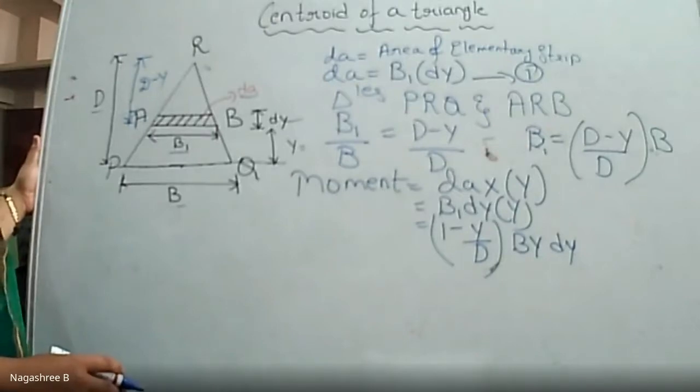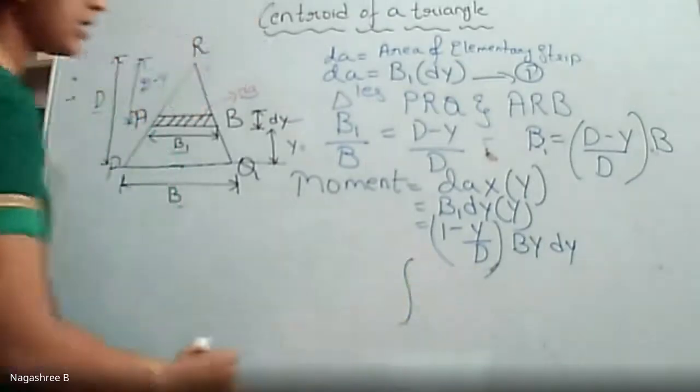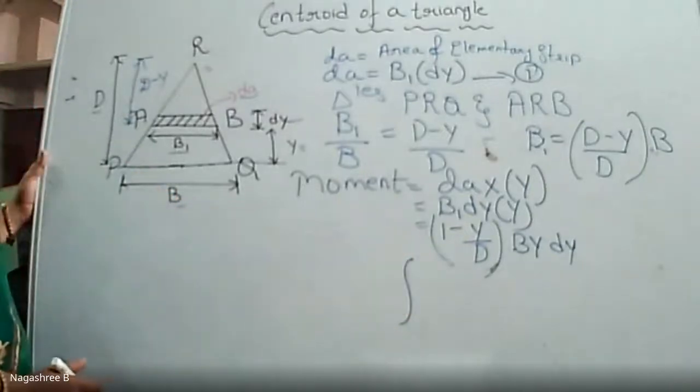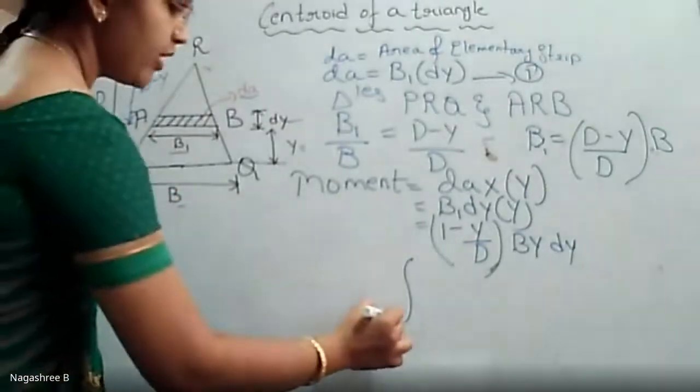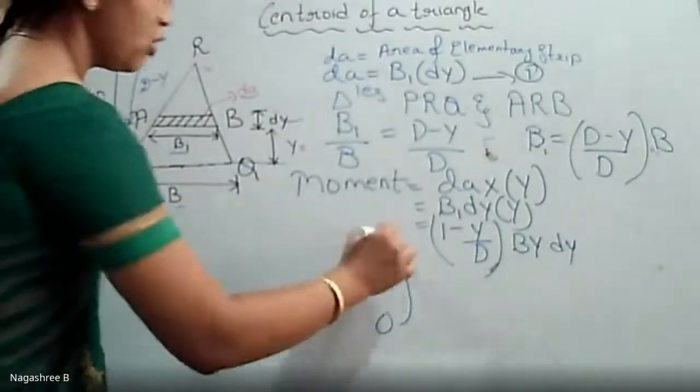Now I have found the moment about the bottom axis of the elementary strip. To find the overall moment for the triangular structure, I need to integrate this value with limits 0 to d, the overall depth.